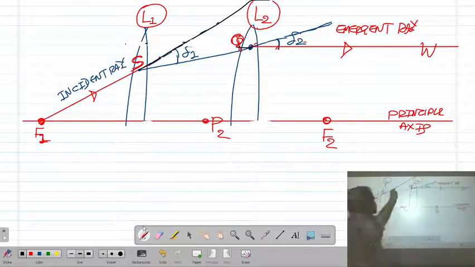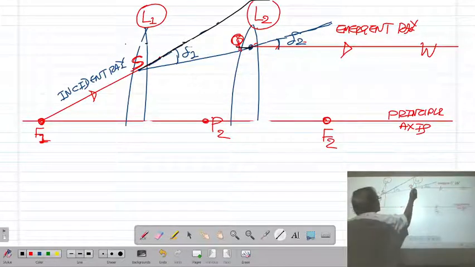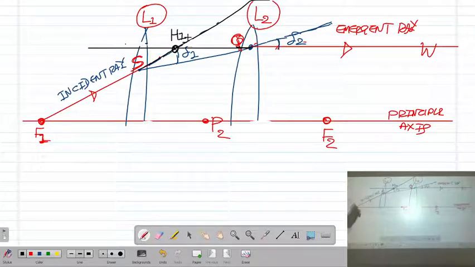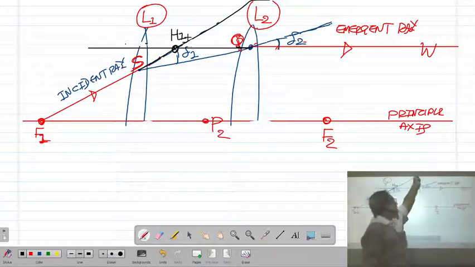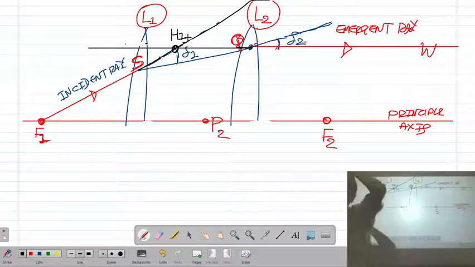You can see in the diagram that both the rays are meeting at point H1.